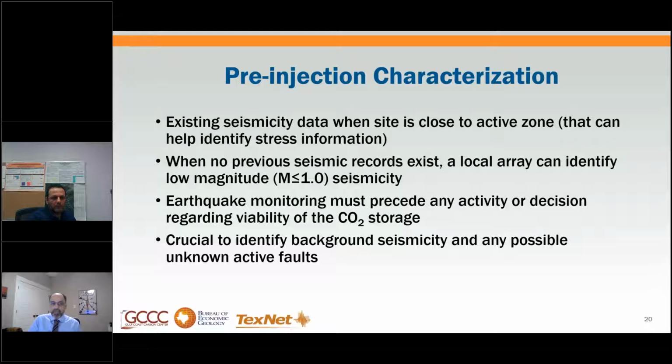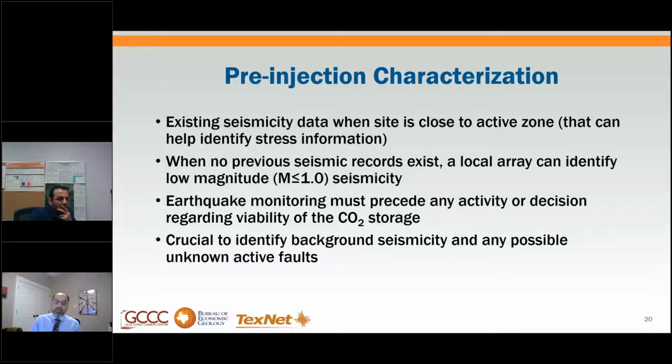Now, the pre-injection characterization is important. It's important to know if there is any existing seismic data, and whether a site is close to an active zone, and thus it can help us identify any stress information. When there are no previous seismic records, a local array is important in order to identify seismicity of less than magnitude 1.